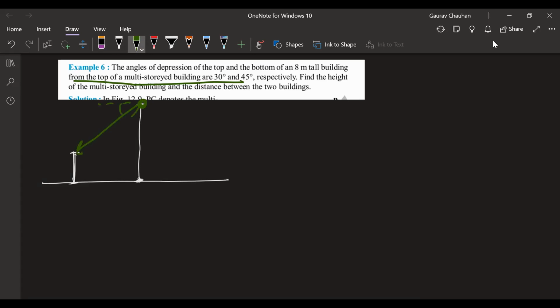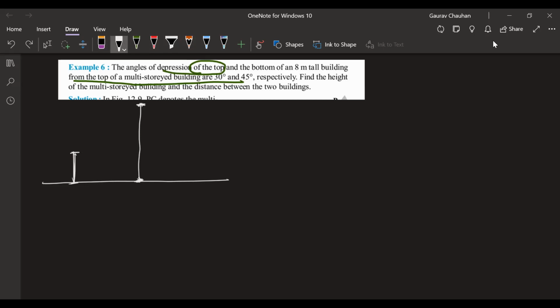Then he will look here, and there also it will have an angle of depression. So there are 2 angles of depression. The first angle of depression is of the top of the building, which means of the top of the 8-meter building.